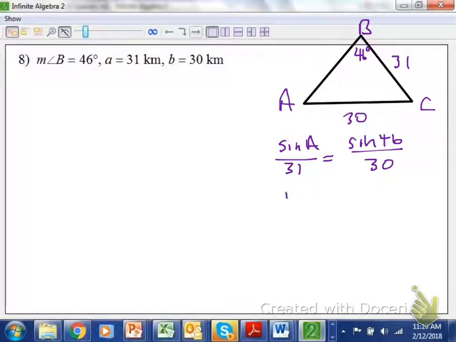And that means that A is going to equal the inverse sine of 31 sine of 46 over 30. So what is angle A? 48 even? Okay, 48.